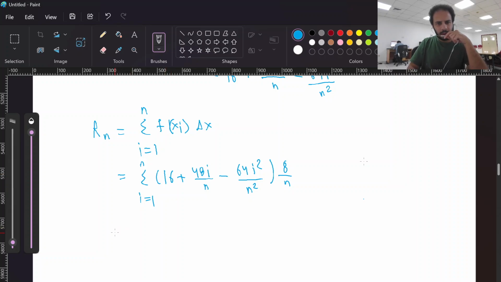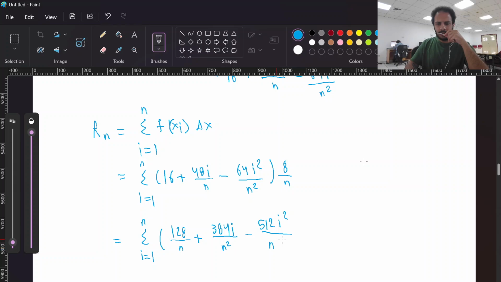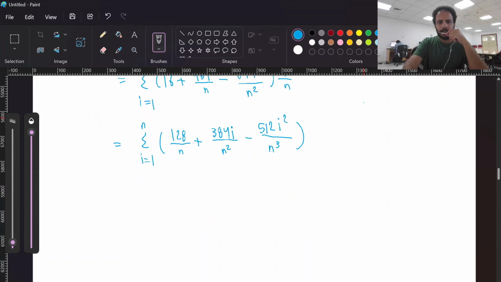Then multiply 8 over n inside the parentheses. You get summation i equals 1 to n of 16 times 8 over n, 128 over n, plus 384i over n squared, minus 512i squared over n cubed. Close the parentheses now. Then distribute the summation.